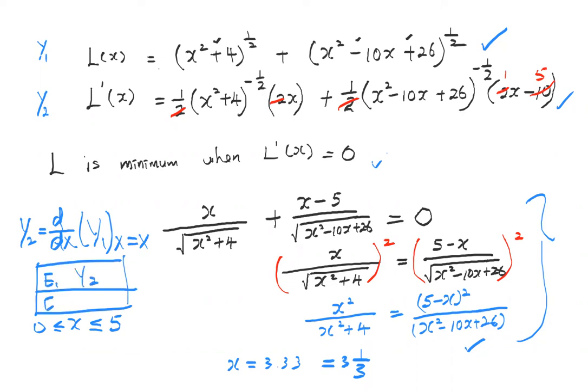You key in your E2 as 0. Then you start to solve. Are you okay? You just put in any random number between 0 and 5. If you cannot get 3.33, go back and check the formula that you typed in. Always something wrong with the formula that you type in.